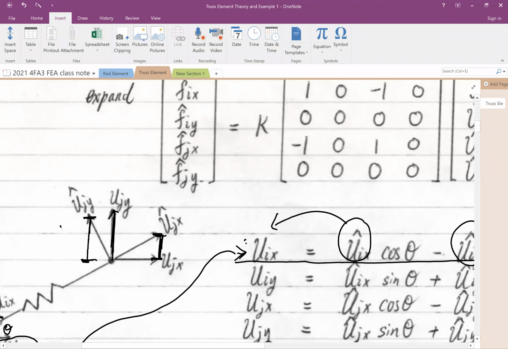So this side is UJY hat cosine theta, and it's going upward, so it's a plus. This side is UJX hat sine theta, and also it's a plus, it's going up.